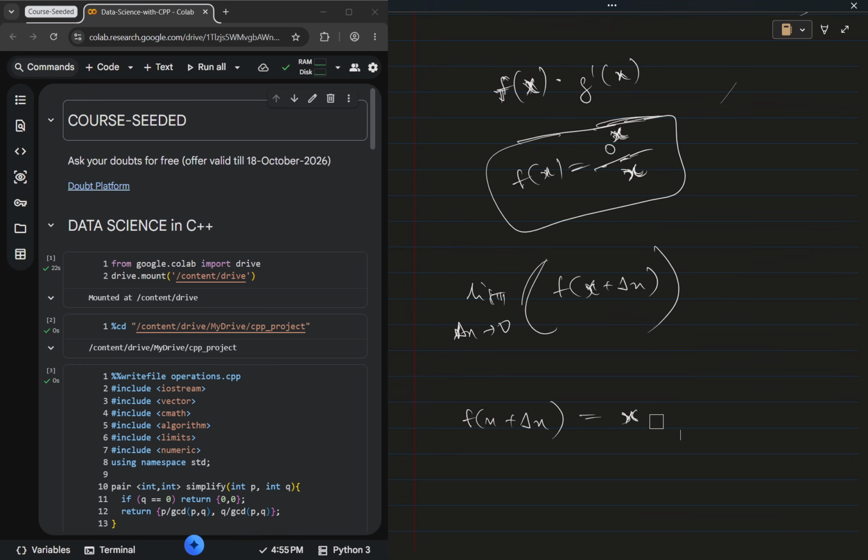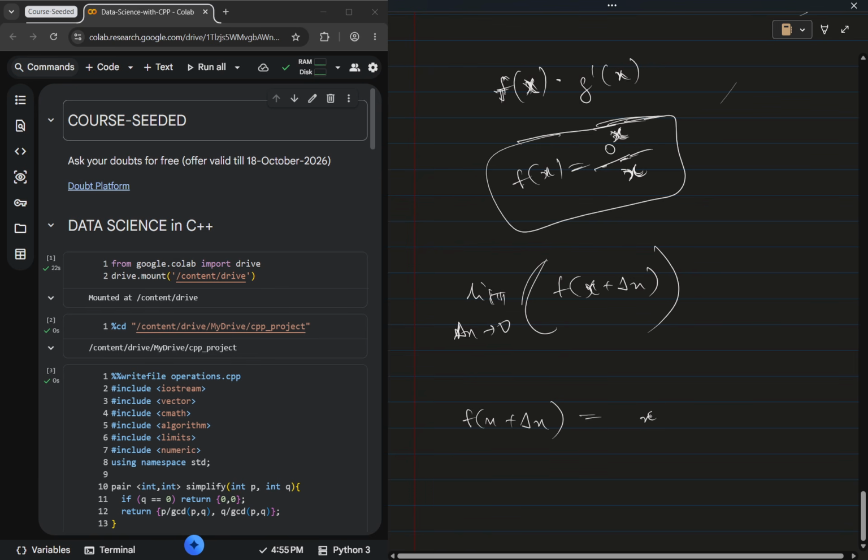But if we had something like this, then it will yield plus Δx. But if it was supposed to be x to the power x, or let's say x to the power 0 plus x.